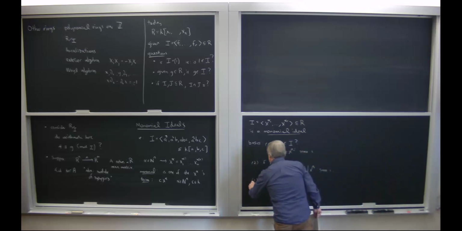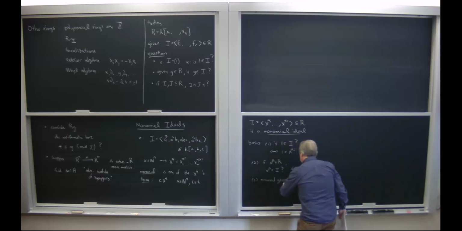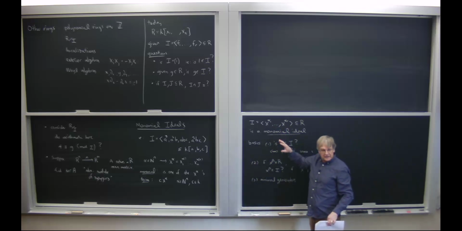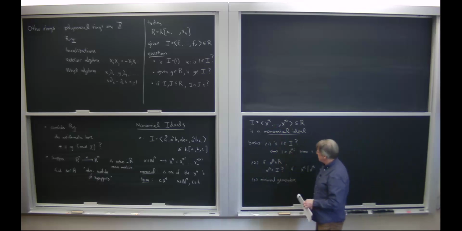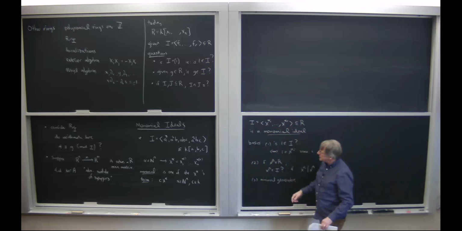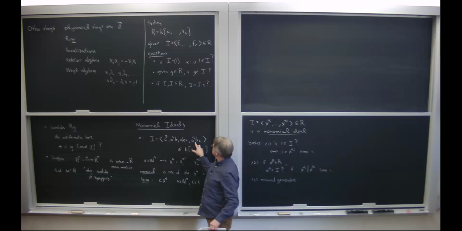A third one that you might like are, what about minimal generators? A minimal generators is just a smallest number of generators that generate the same ideal. Okay, so which ones can I get rid of here? Like, can I get rid of any of these, for instance?